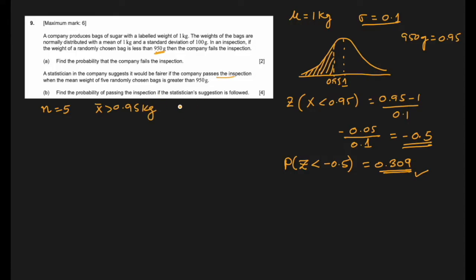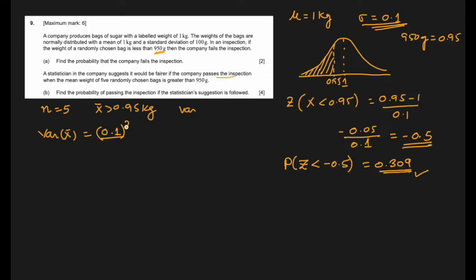The variance was 0.1, right? But we want the variance for the sample.